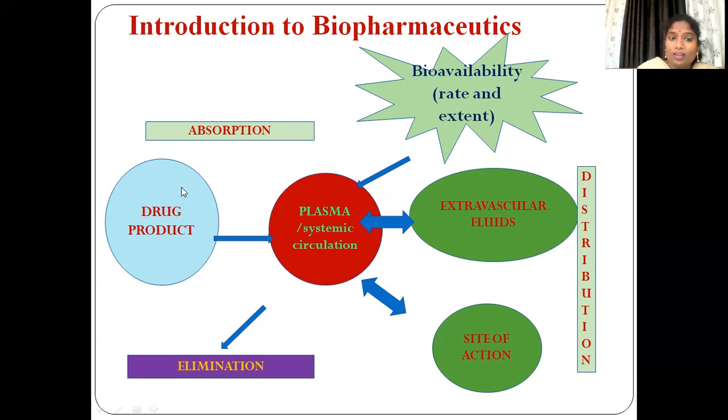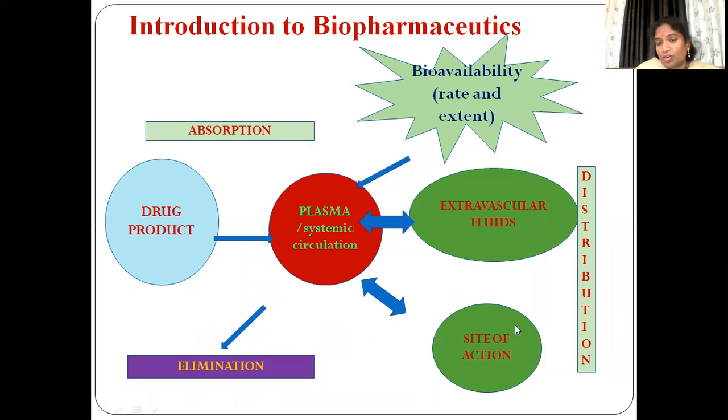Bioavailability is nothing but how much amount is absorbed and how fast it is absorbed, that means the rate and extent of the drug available within the systemic circulation. After reaching the systemic circulation, the drug should distribute through the extravascular fluids to the site of action.